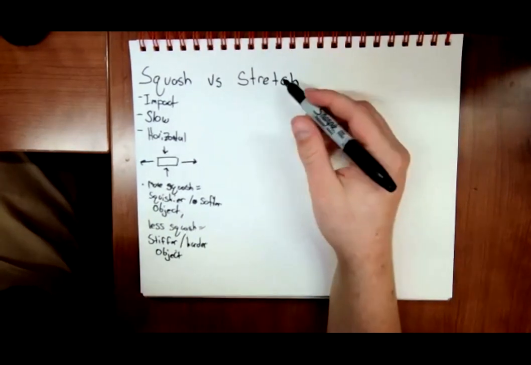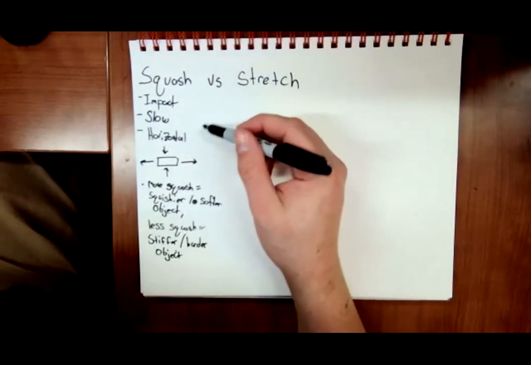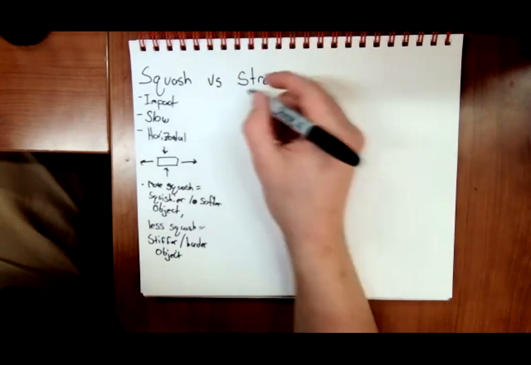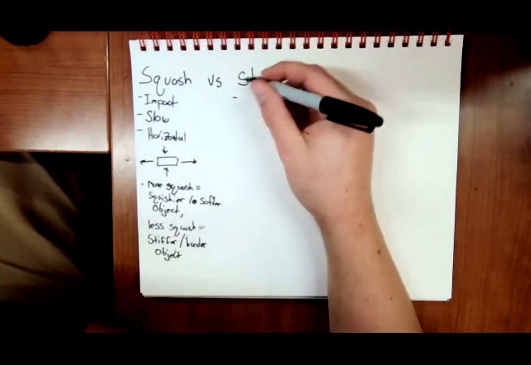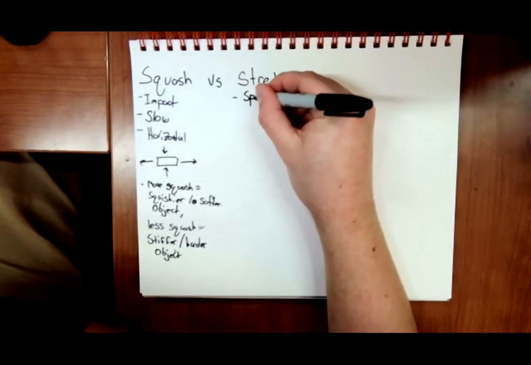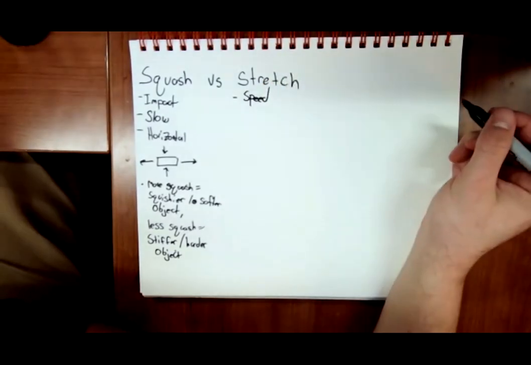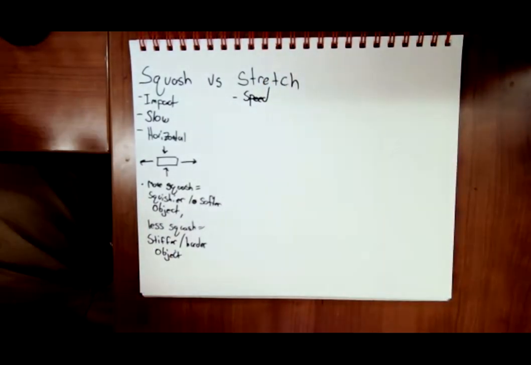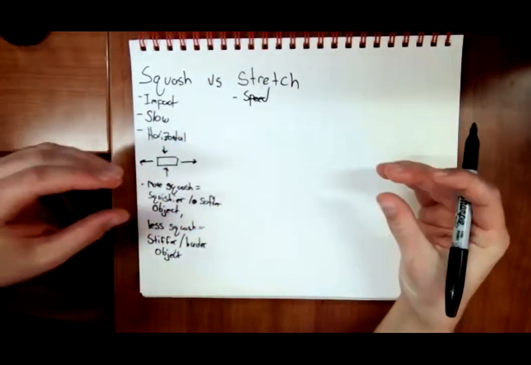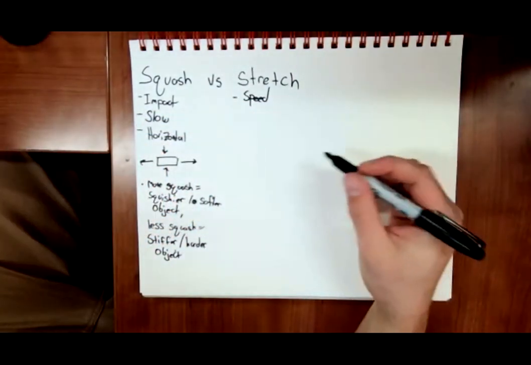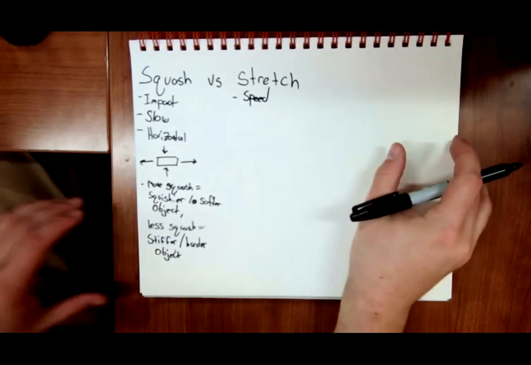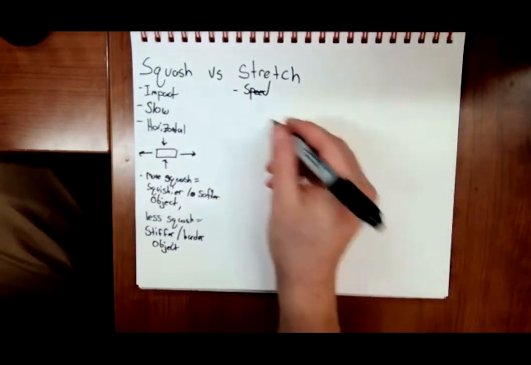Stretch behaves in a similar and opposite way to squash, in that instead of for impact, stretch is usually reserved for speed. The faster a thing is going, the more it is going to stretch out, the more elongated it's going to become as it gets further and further away from its origin and picks up more and more speed.